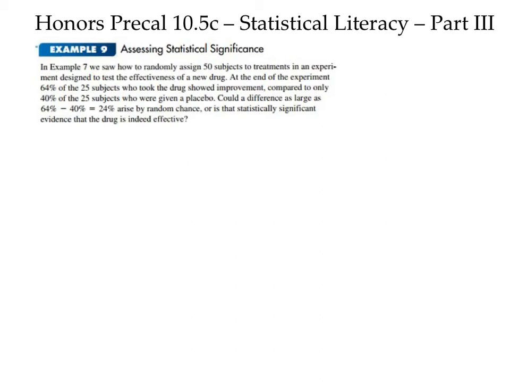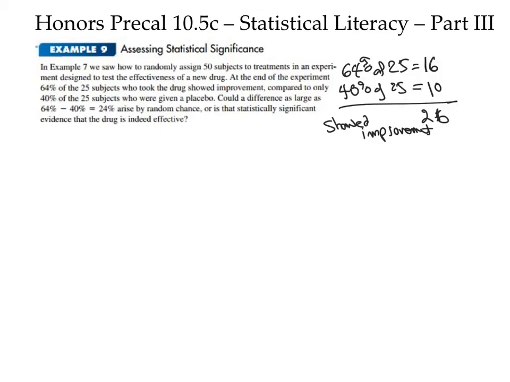Well, I can kind of look at simulations to figure this out. So 64% of the 25 people that took the actual new drug showed improvement. That's 16 people. And 40% of the 25 who took the placebo showed improvement. That's 10. That's a total of 26 out of the 50 that showed improvement.